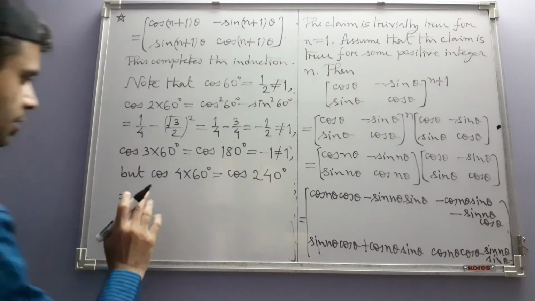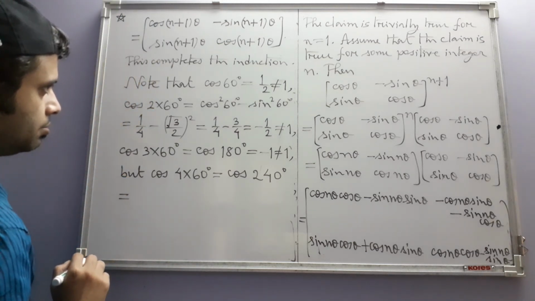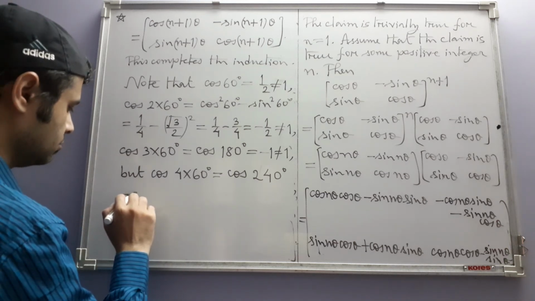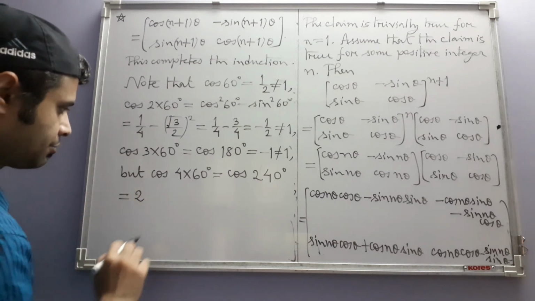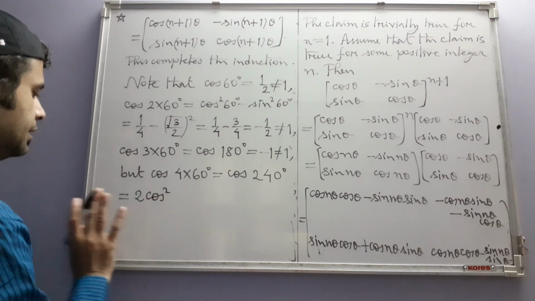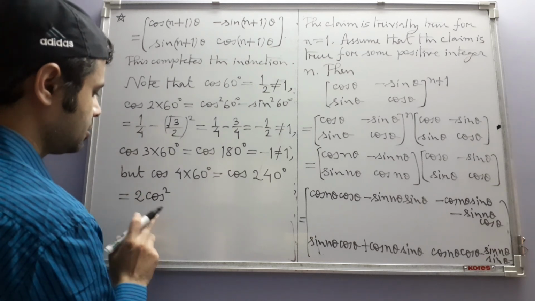This I think is going to be 1, but to make sure, I have to actually find the value. So we could have used this formula also, 2 cos square theta minus 1.